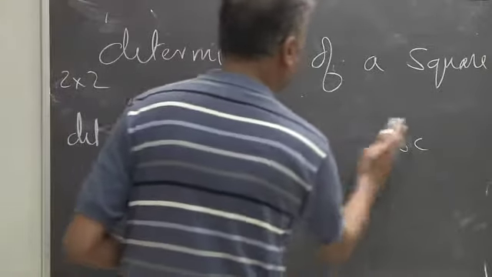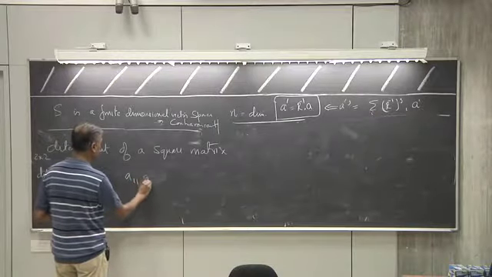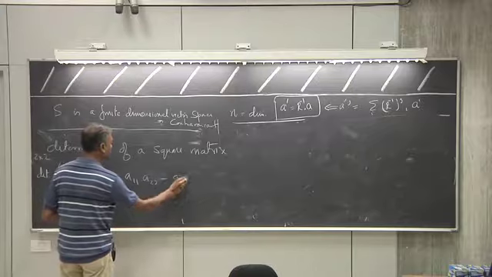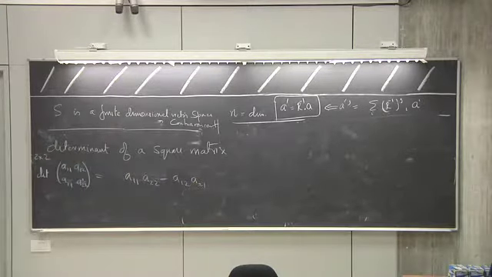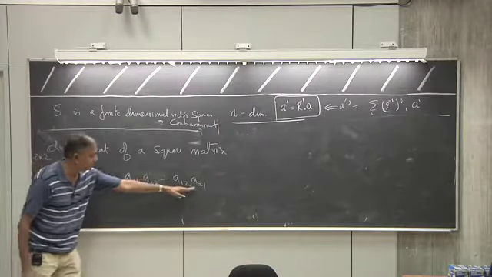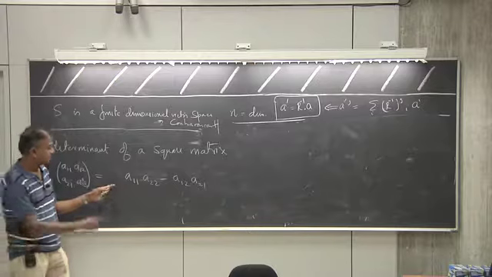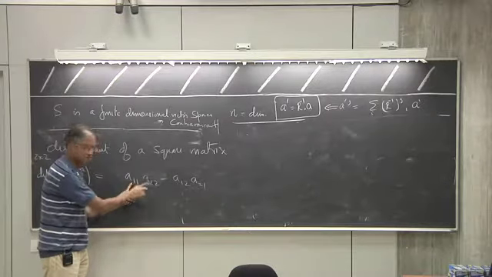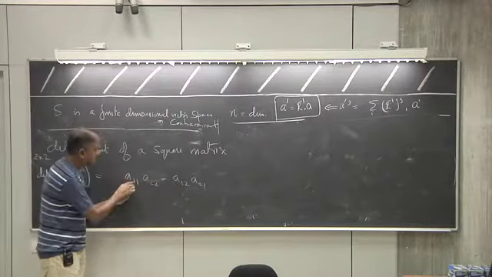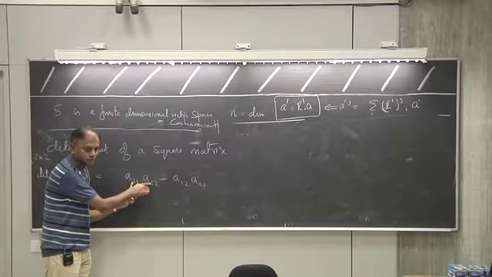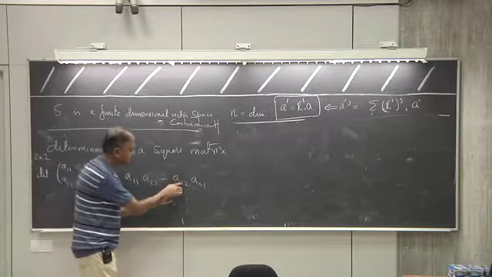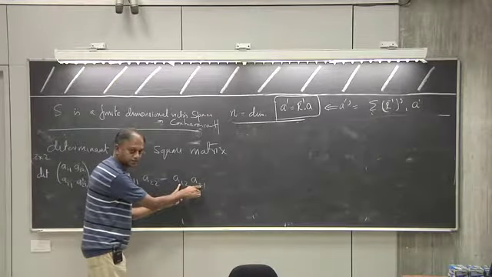In that case, this is simply A11 A22 minus A12 A21. Note the important point: on the right hand side, each row index appears once only. Take this term: the row index is 1 here, then the other row index is not 1, it is 2. Same thing in the other term.